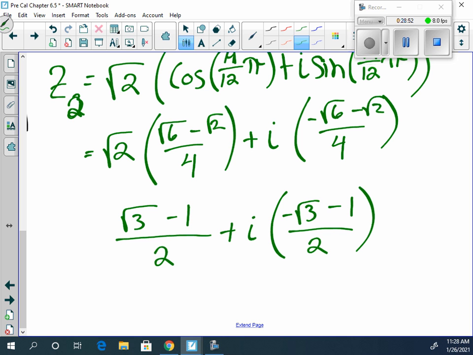And if you notice, Z1 and Z2 are close to the same. They have some different signs. And that's normally how this is going to work out. A lot of them will have some that match up, especially with the imaginary terms. They'll have pairs.